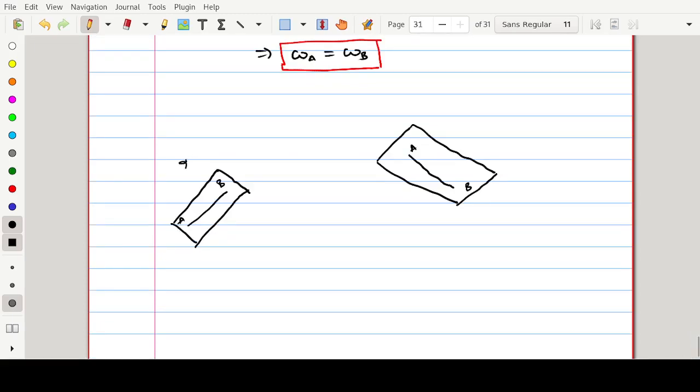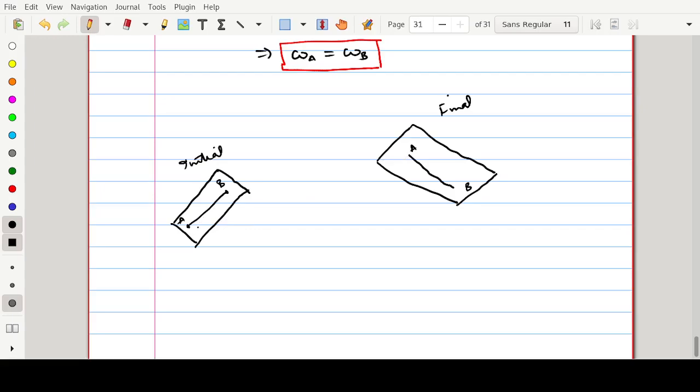So from this initial to final position, if you choose A as your reference point, the final position will be obtained in two ways.